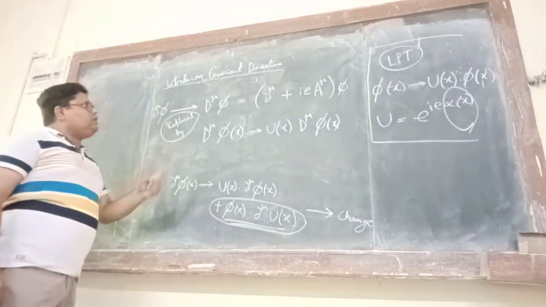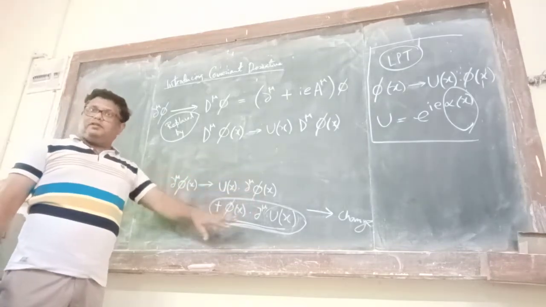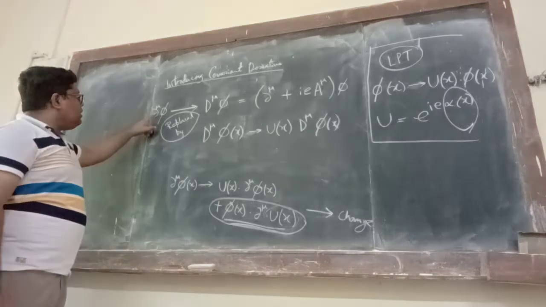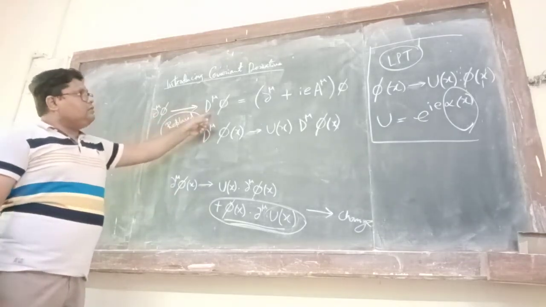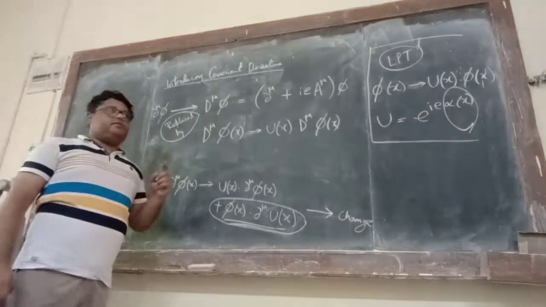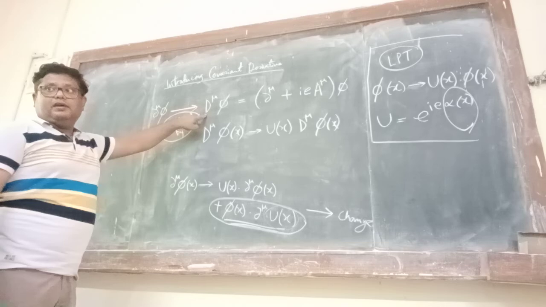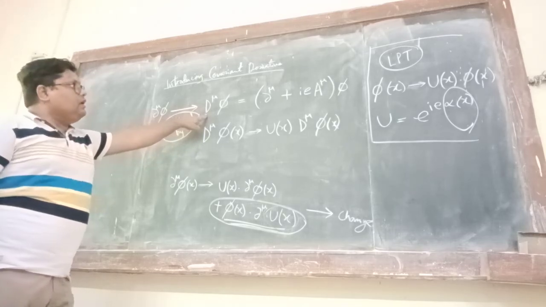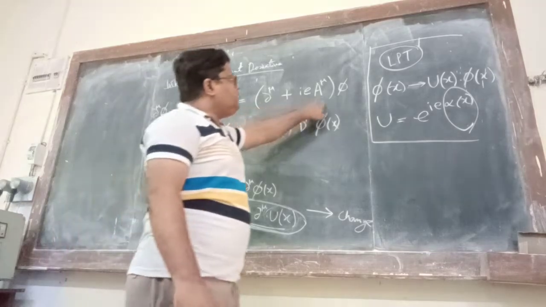Now one of the ways of resolving this issue is that we are going to replace this derivative by defining a new derivative, known as the covariant derivative, this D. Okay, covariant derivative. Now look, how is this derivative defined? This is defined in this particular way.